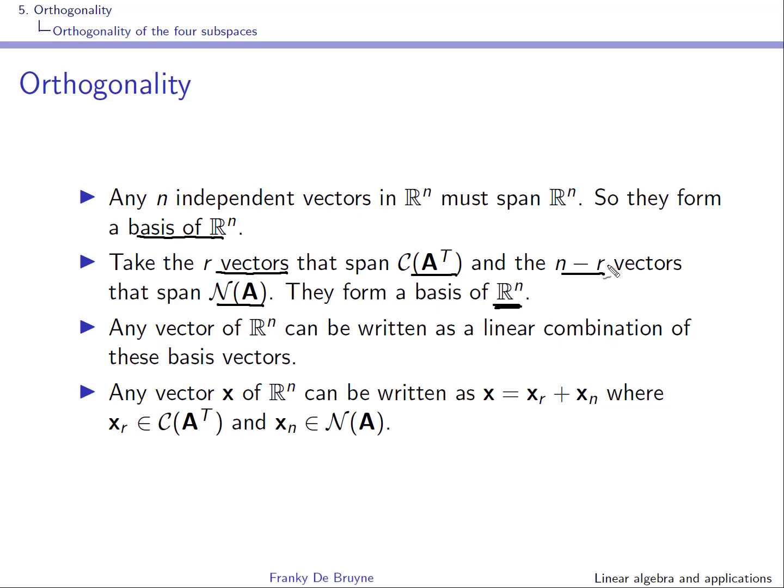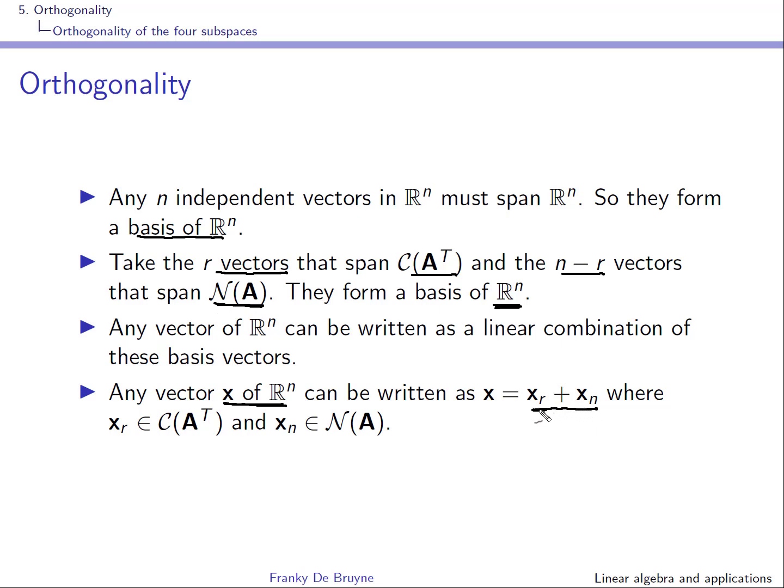So this vector in Rn, and this is true for any vector of Rn, can be written as a linear combination of the r vectors coming from the row space, so this must be a vector in the row space, plus linear combinations of the vectors in the null space, so this must be a vector in the null space.